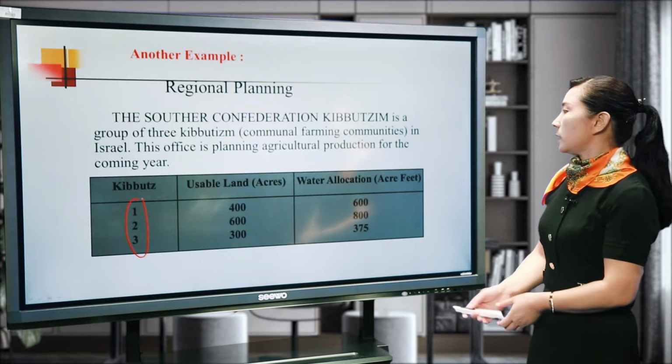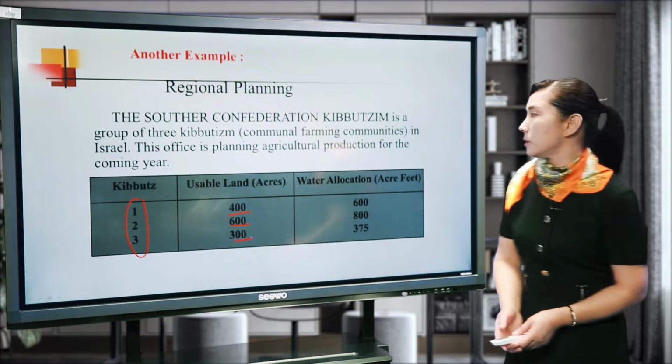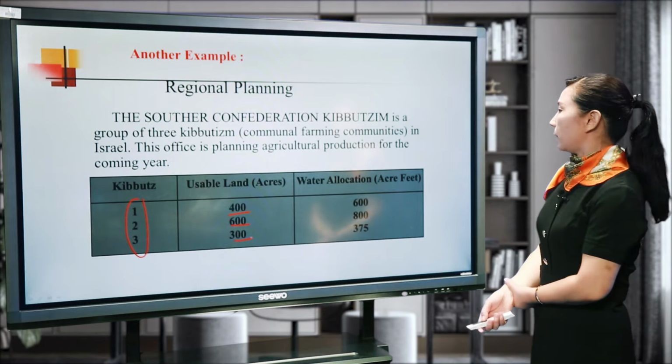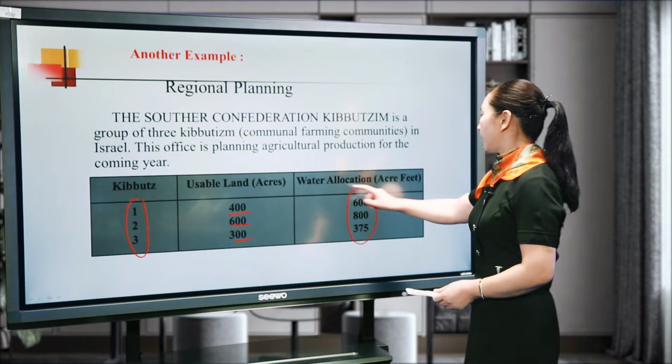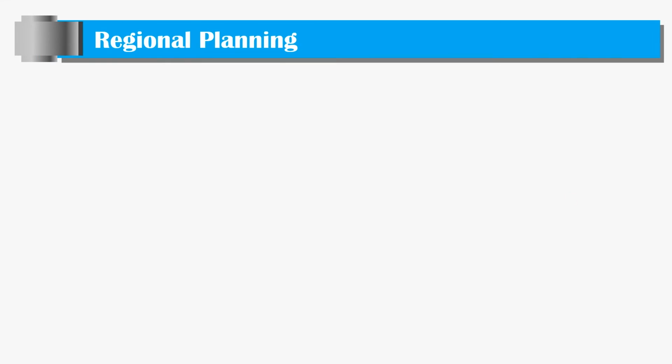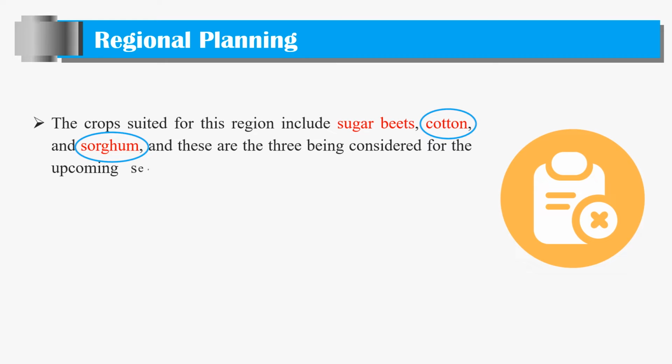Their usable land is 400, 600, and 300. And the water allocation for each kibbutz is in this column. The crops for this region include sugar beets, cotton, and sorghum.